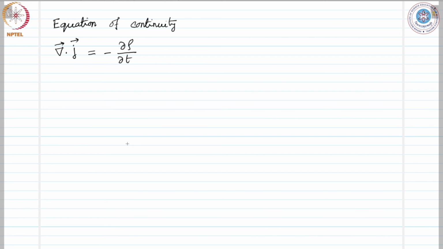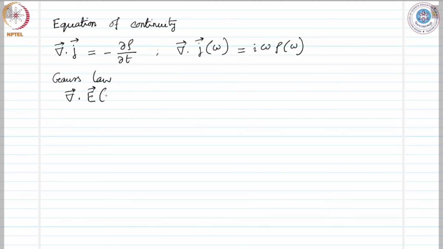So, rho is the volume charge density in this context, and this means the divergence of j omega is i omega rho omega. And now if we consider the Gauss law, we can write the divergence of the electric field equals 4 pi times the charge density.